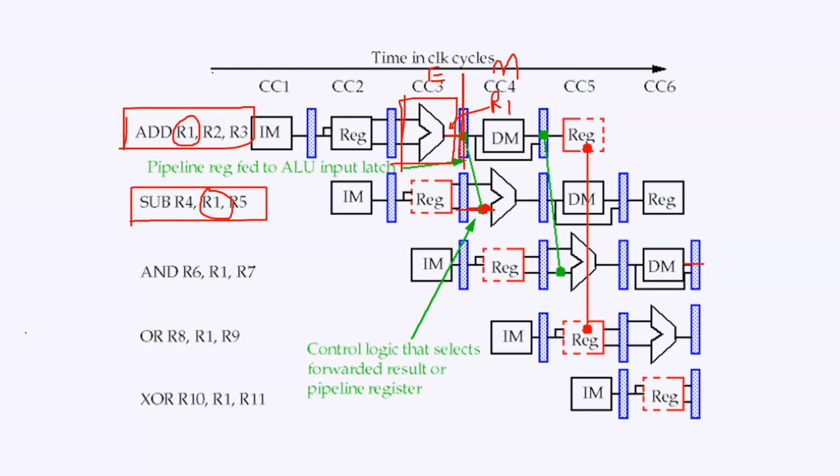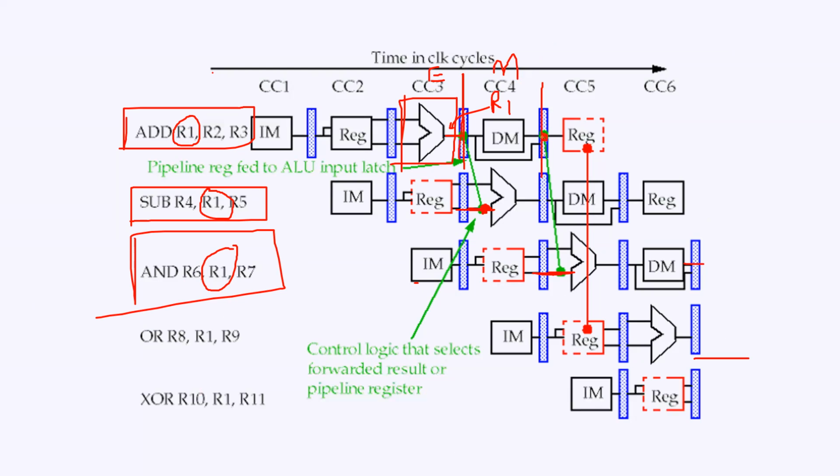That's the concept here. And if you take this AND statement as an example, here also the value of R1 is needed in this stage. In this stage, the value R1 will be present in the memory access write back register.